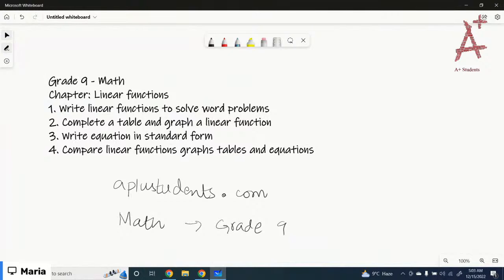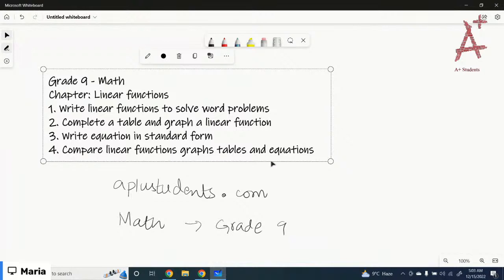And here is the list of the lessons we're going to cover today. They are write linear functions to solve word problems, complete a table and graph a linear function, write equation in standard form, compare linear functions, graphs, tables, and equations. Got it? Let's start with the first lesson, write linear functions to solve word problems. Let me write down the lesson name.